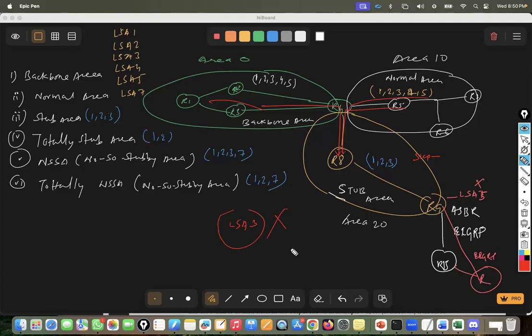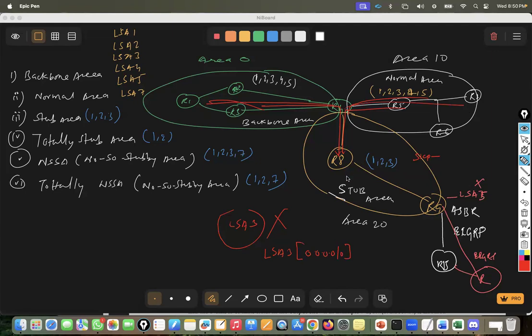But at the same time, if we stop everything, this will not talk to the normal area as well. So they will inject LSA 3, and that LSA 3 is going to consist of a default route from the ABR. If you want to go to any normal area, just take the default route, go to the ABR, and the ABR further redirects to the specific destination.